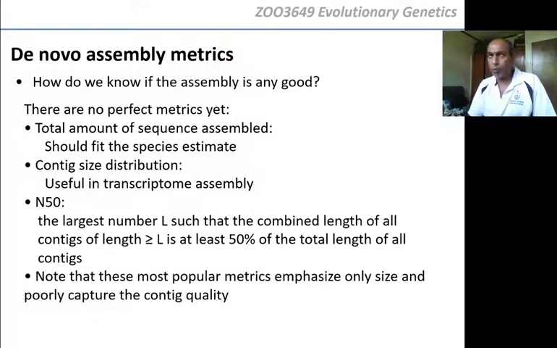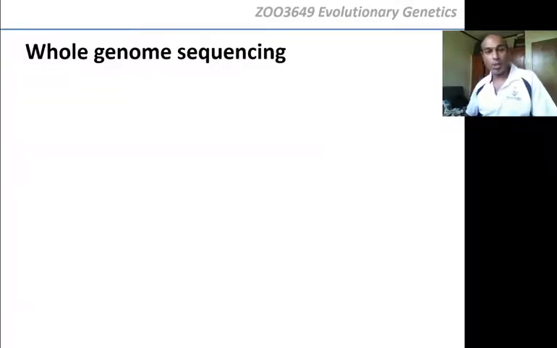Whereas if your N50 was 2, then you're like, hey, that means 50% of my contigs are smaller than 2. That means my genome assembly is not very good. The contigs are very small. So that's one way of figuring it out. But as I say, there is no one metric that can tell you all the information about the genome.